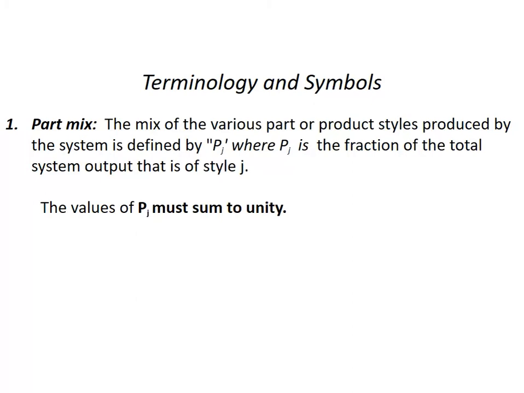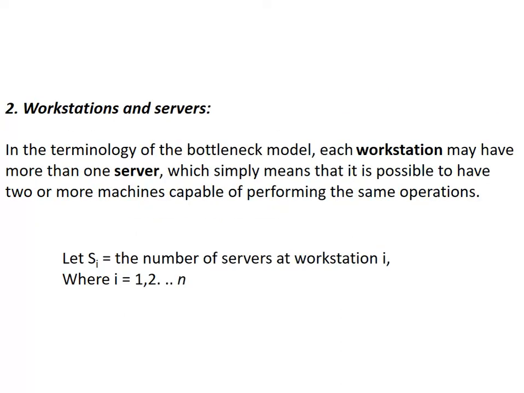The other terms are all important terminology, so you have to know them, because unless we know this terminology, it is very difficult to calculate the maximum production rate or the optimized effective usage of any machine individually. As the name indicates, we have workstations and servers. Servers are a duplication of work centers or workstations.